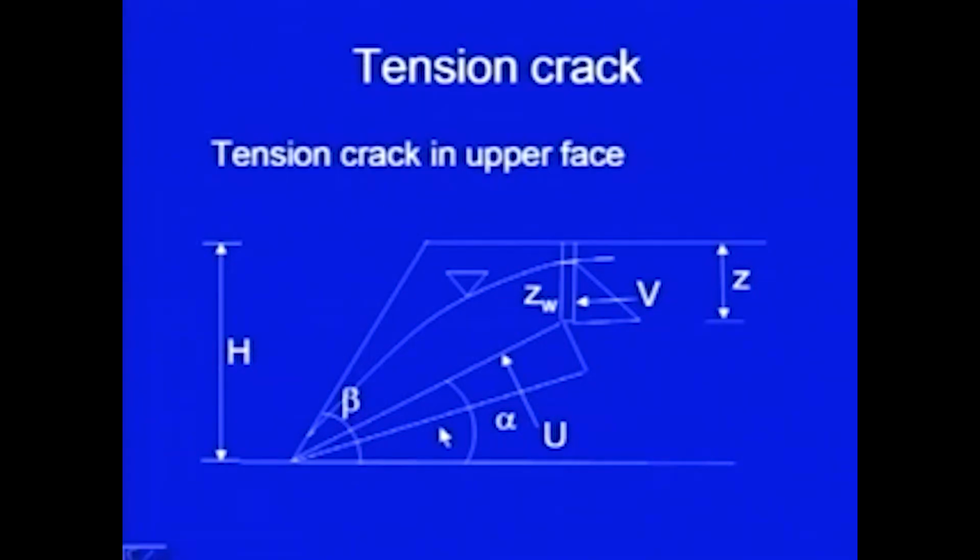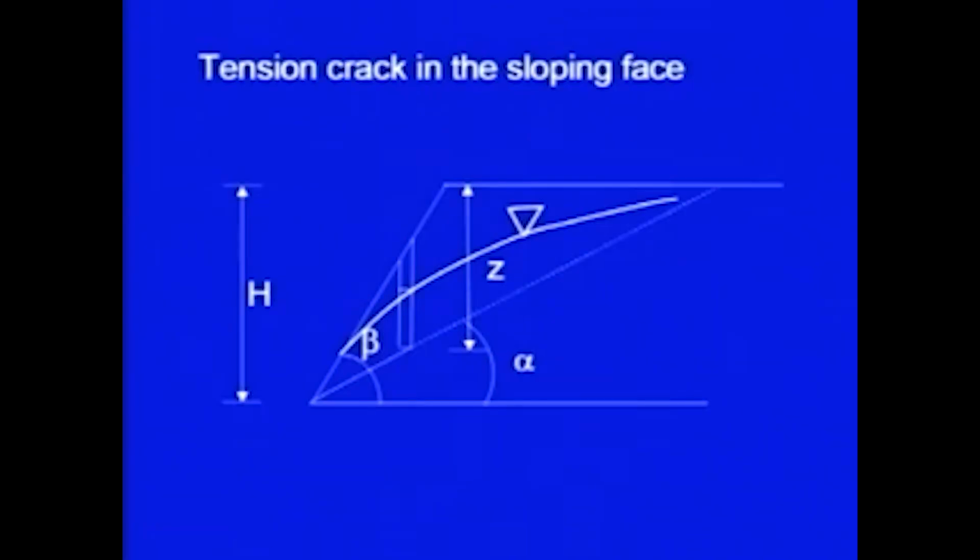And other parameters are the same. The fracture plane is inclined at an angle alpha and the slope angle is beta, height is h. The depth of the tension crack is being measured from the upper surface and it is equal to Z. The tension crack can also occur in the sloping face here.